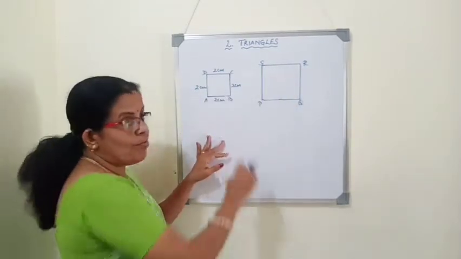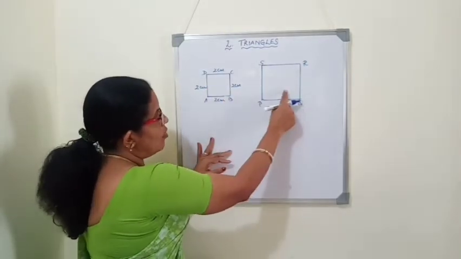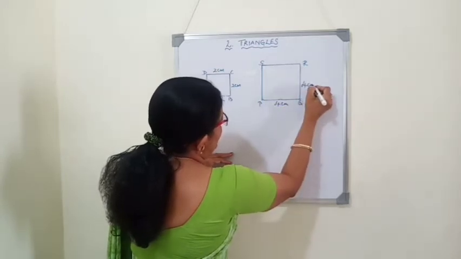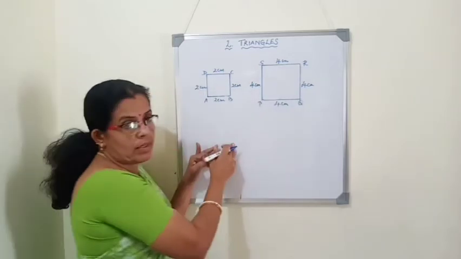These two are polygons having same number of sides, 4 sides, and here also 4 sides. Here the sides we will write as 4 cm. So when can we say that these two polygons are similar?